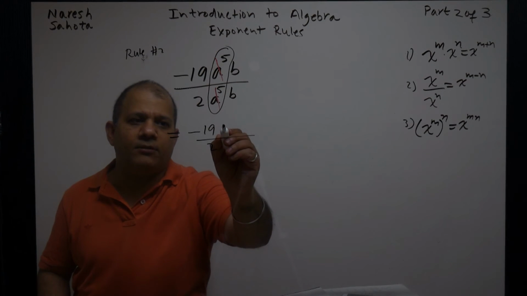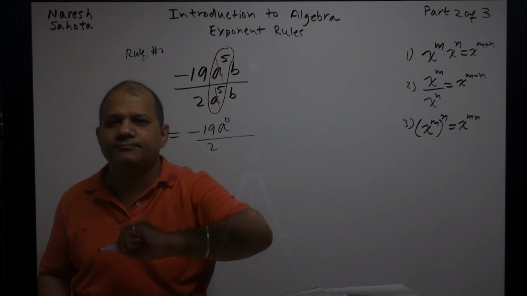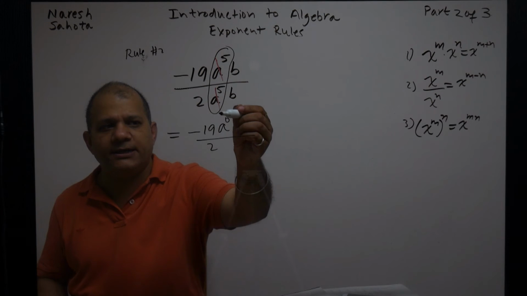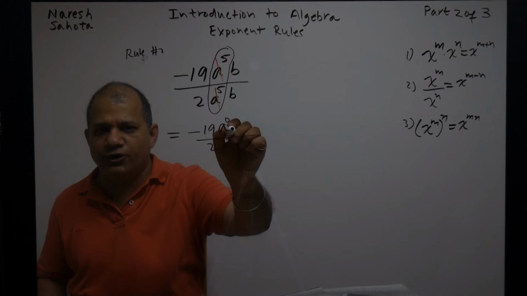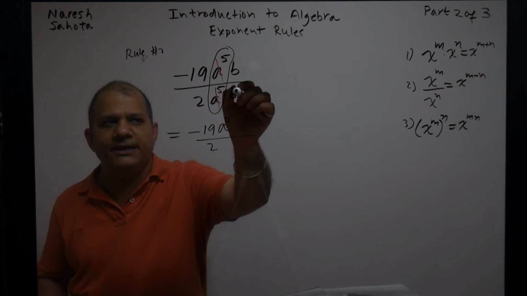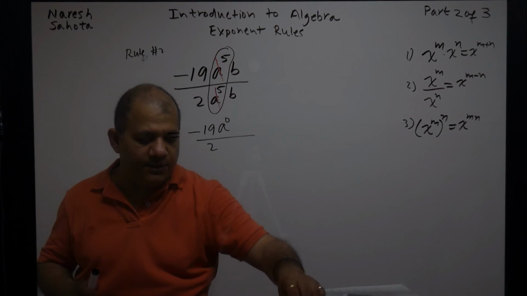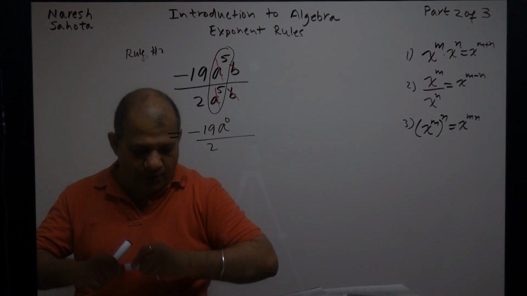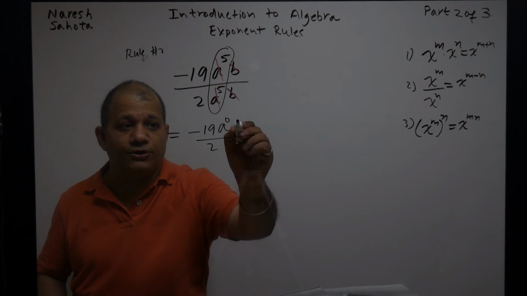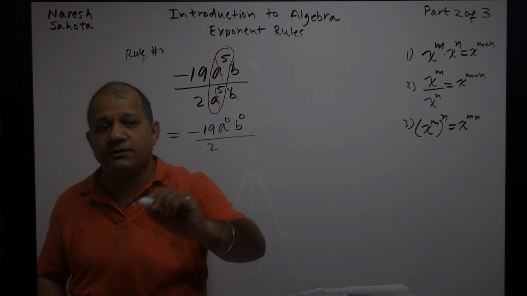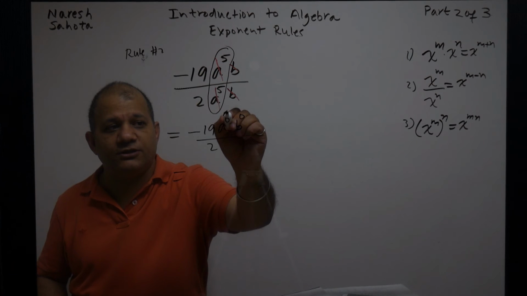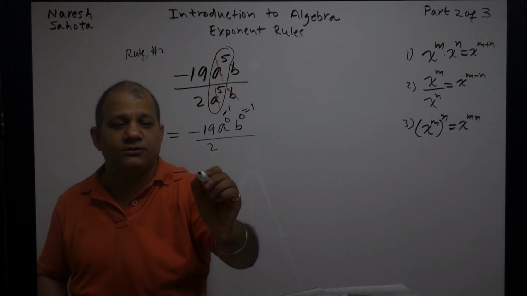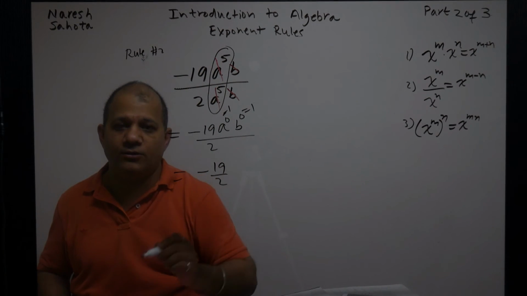Right? Okay, I'll write that, a to the 0. Notice when I subtract, the answer always goes in the numerator. And now the b's actually also cancel. So it's not so complex. Or, for the sake of using rule number 2, we can say it's b to the 0. So by definition, this is 1, and that's 1. So the answer is negative 19 over 2.